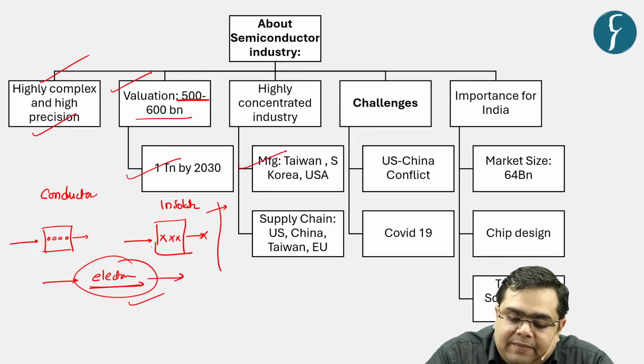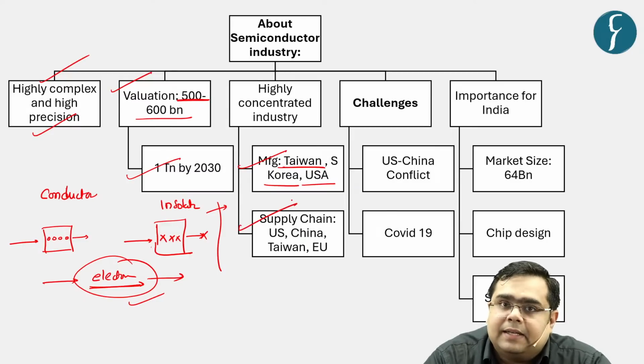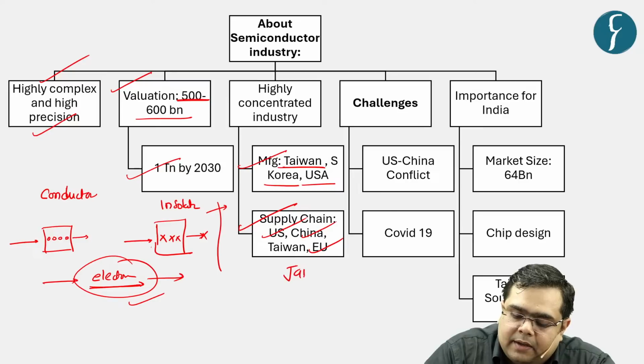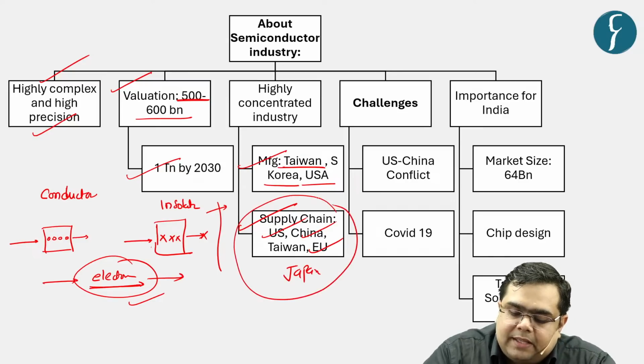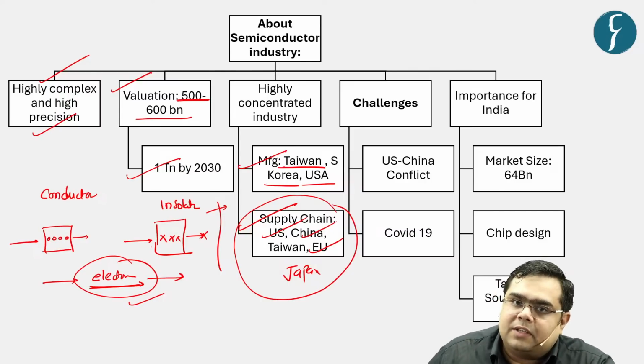For example, chip manufacturing is located in three countries, that is Taiwan, South Korea and the United States of America, and the supply chain is controlled by countries like the United States, China, Taiwan, the EU and Japan, right? So you can see that this industry, although it has very high returns and a very huge market, is localized in certain particular countries. This is the particular significance of this industry.